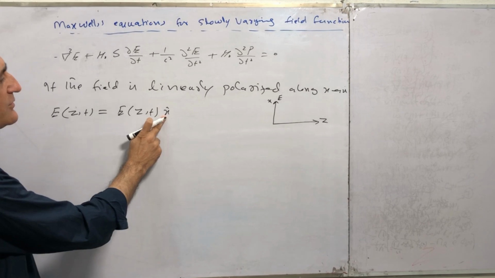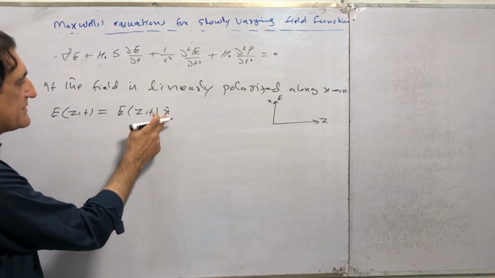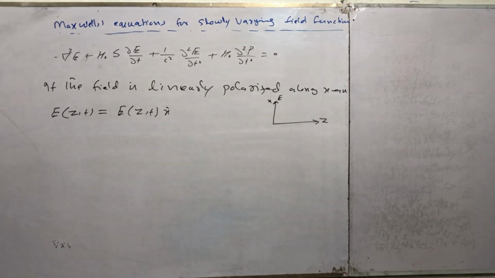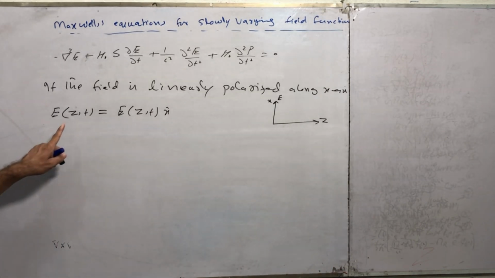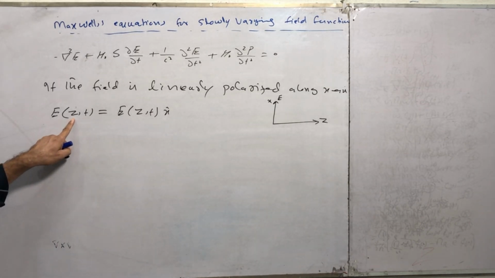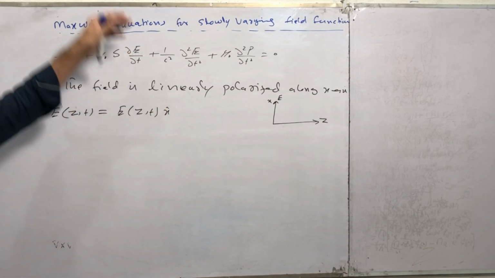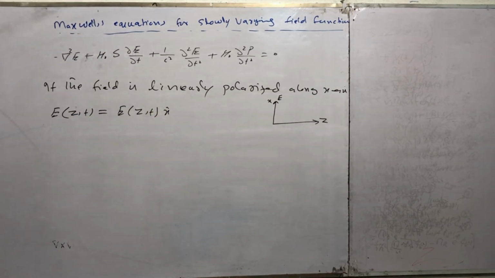So x you can represent by x or i. It shows the direction of the electric field. So now it means that the wave is propagating along the z direction, but the electric field is along the x direction.